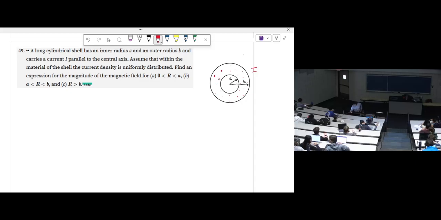So these are all individual bits of the current that are coming out of the page. You get the idea. It's got the chicken pox.